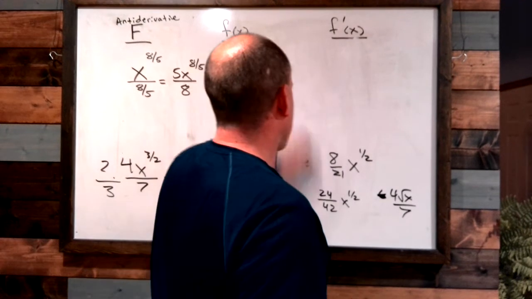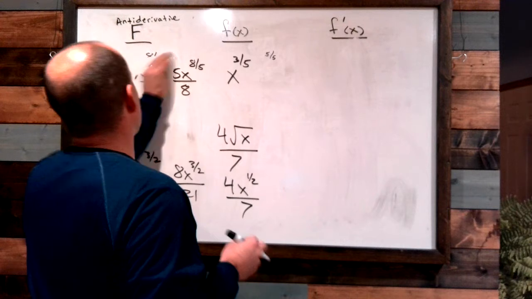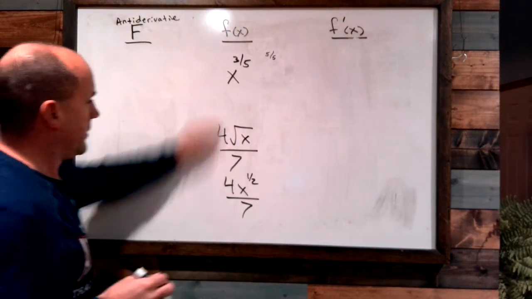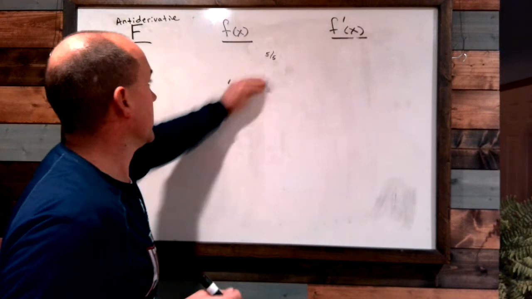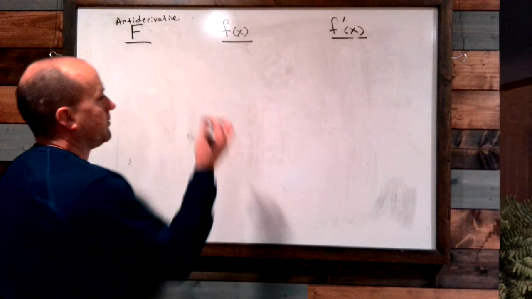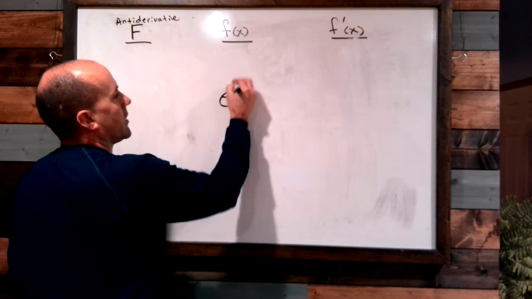Now, last example, then I'll let you guys go. Super short worksheet for you guys to work on and be ready for Tuesday. But the last thing I want you guys to think about is this. Suppose you had f of x equal to e to the x squared.